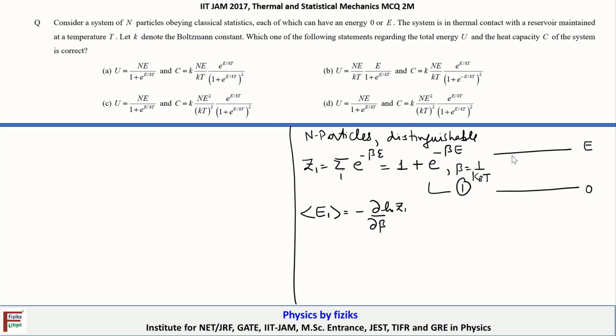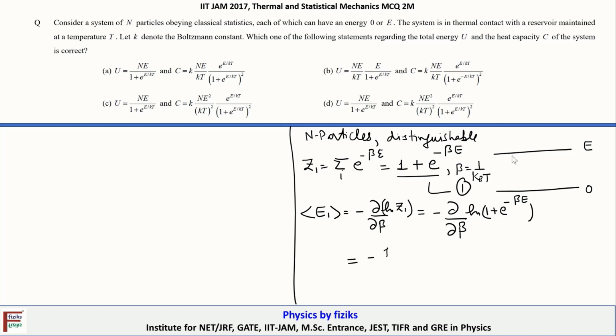So we are doing the calculation only for a single particle, and then we can evaluate the total energy for the n particle system. ln z1 is the logarithm of this quantity, so this is equal to minus the partial derivative with respect to beta of ln of 1 plus exponential minus beta E. Now we differentiate with respect to beta.